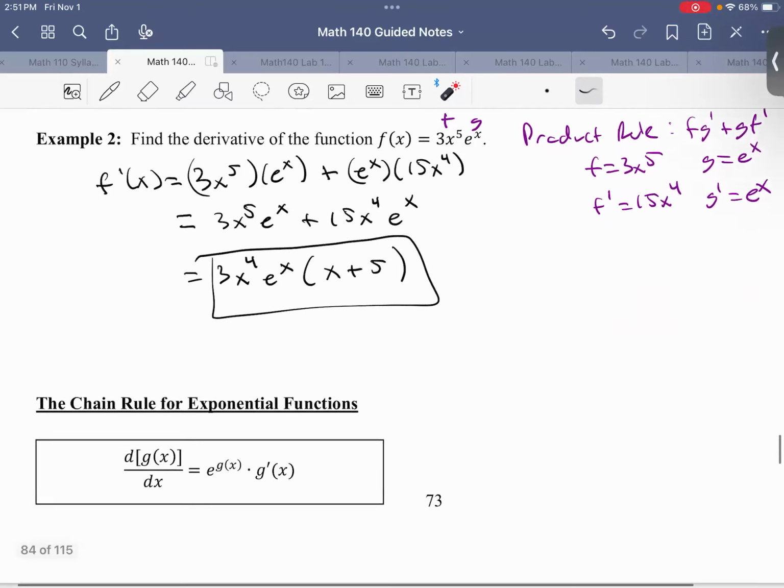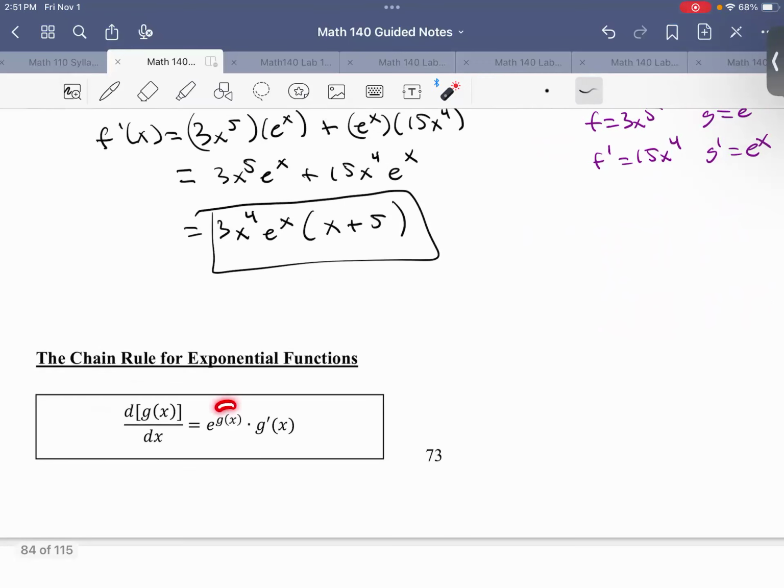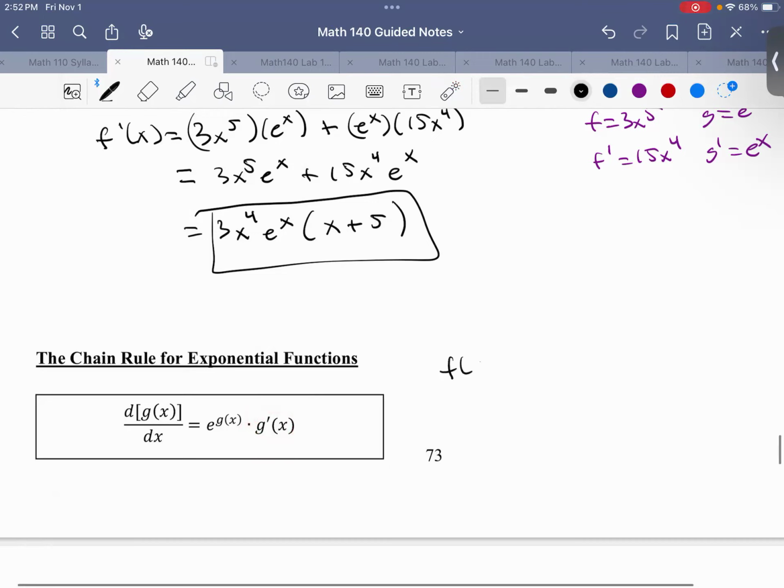But what if we have something other than just x in that exponent? What if it's some type of different function? The chain rule for exponential functions says the derivative of e to the g of x would be itself times the derivative of whatever is in that exponent. Let's see a basic example to show exactly what this means. What if I had e to the 2x and I wanted to find the derivative of this?